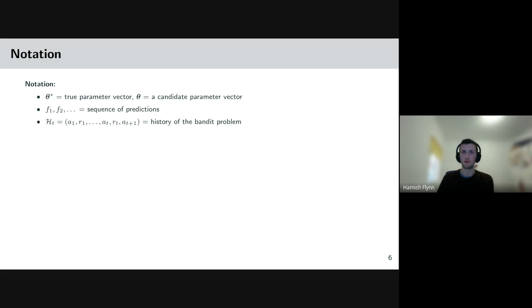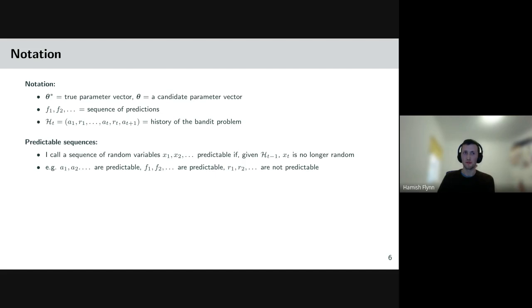So we might be interested in checking whether some theta is inside a confidence set or not. f1, f2, and so on is always a sequence of predictions, and I'll give some examples of what this sequence could look like on the next page. And finally, I'll use H_t to denote the history of the bandit problem. So H_t contains all actions and rewards up to and including A_{t+1}, but not R_{t+1}.